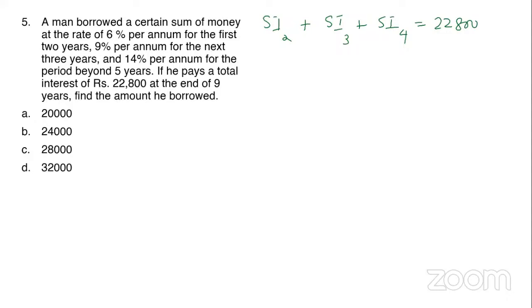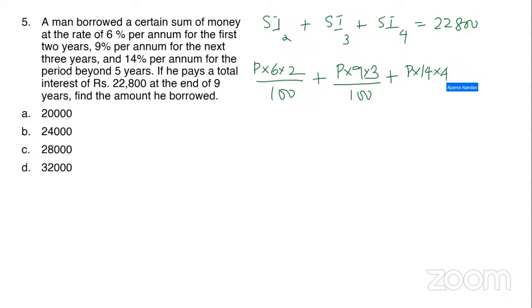So first let's write the formula: P into R into T by 100. We don't know what P is, but the rate of the first 2 years is 6, so P into 6 into 2 by 100, plus the simple interest of the next 3 years, where the rate is 9, so P into 9 into 3 by 100, plus the simple interest of the next 4 years, where the rate is 14, so P into 14 into 4 by 100.